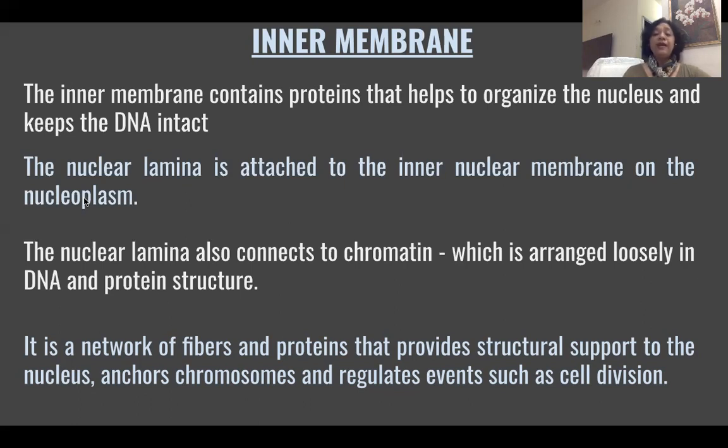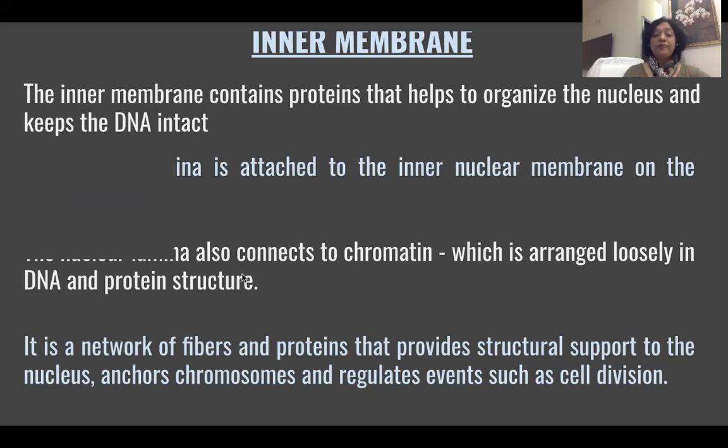It is present inside the nucleoplasm. So it is also attached to the DNA and the protein structure. The nuclear lamina is a network of fibers and proteins, and it provides what? Mechanical support. It provides structural support to the nucleus. It supports the nuclear membrane. So it is an important part of the nucleus.